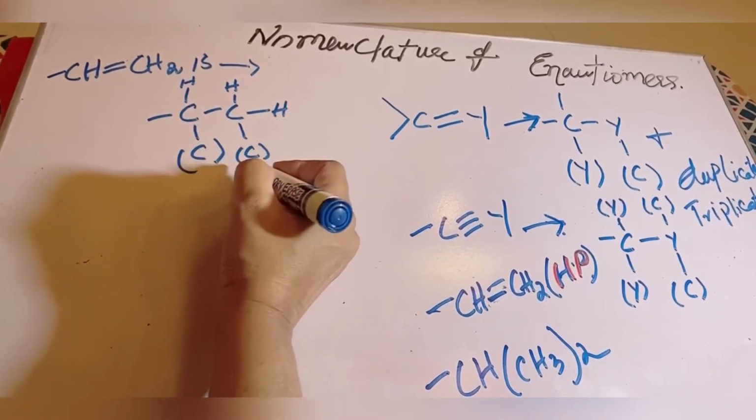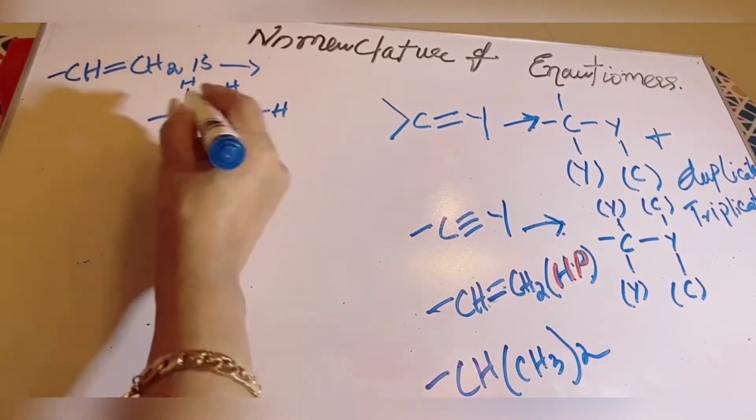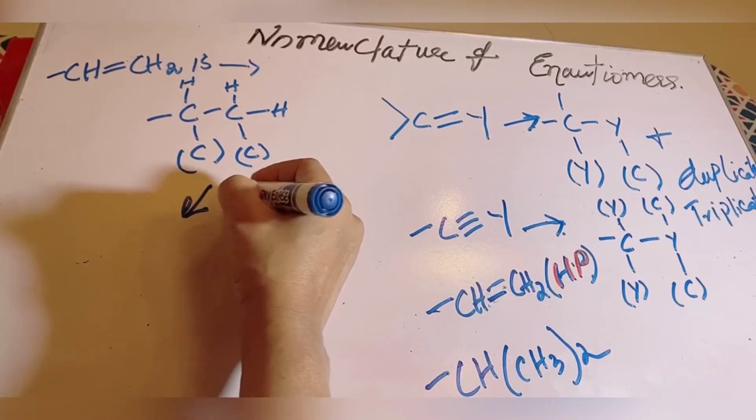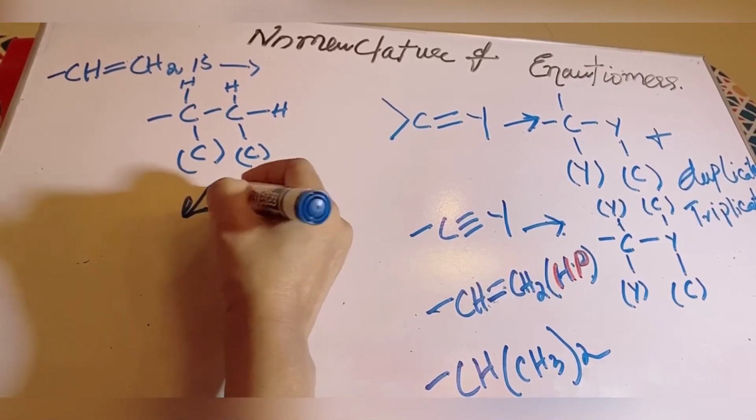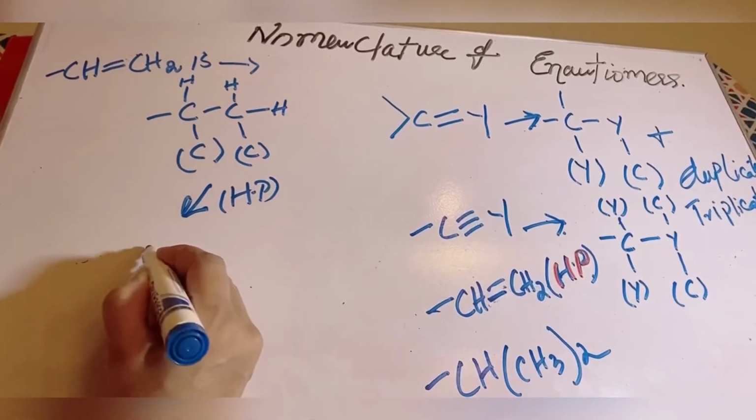This would be like this, which is the same group, this is the higher priority group. Then which one? I'm going to make it more clear for you.